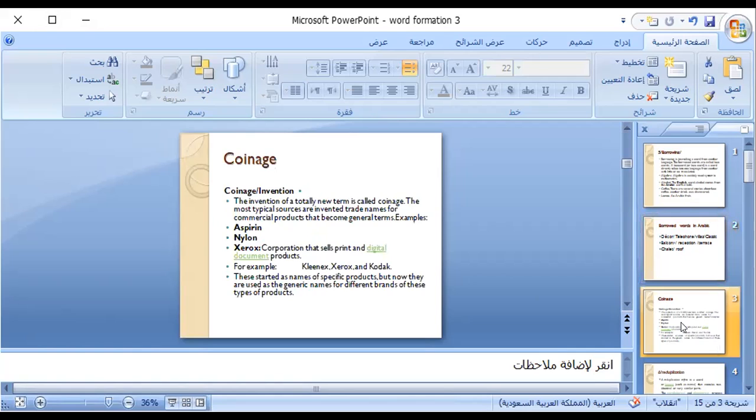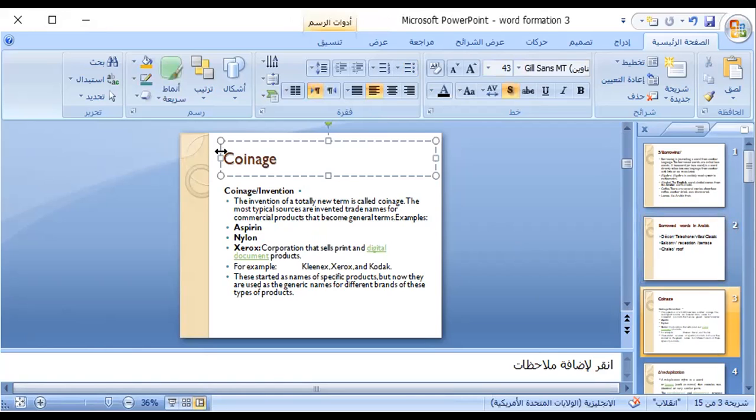Okay, the sixth process of word formation is coinage. What is coinage?